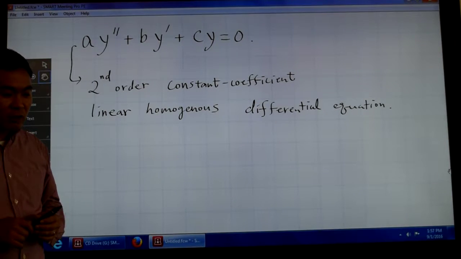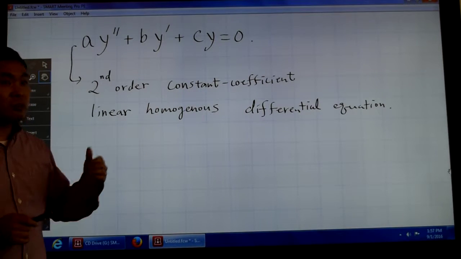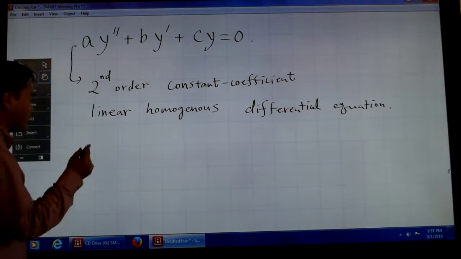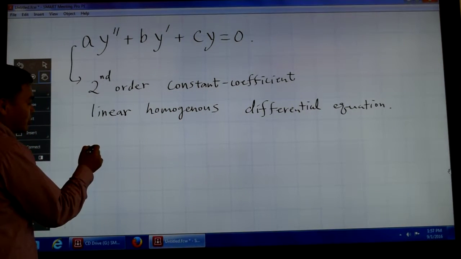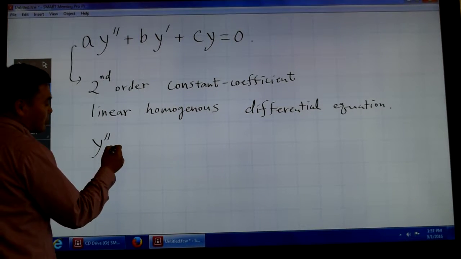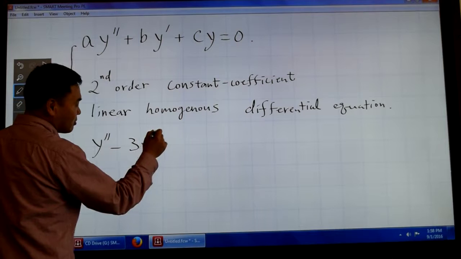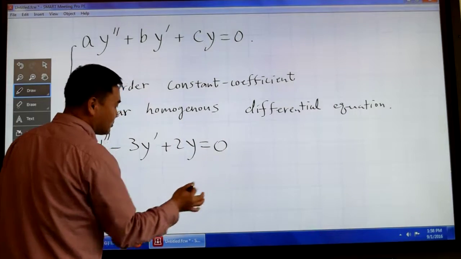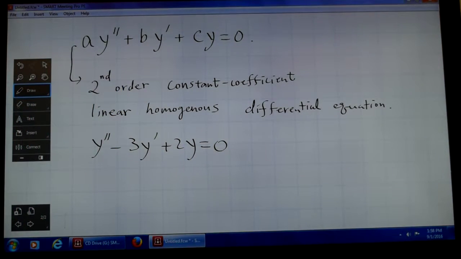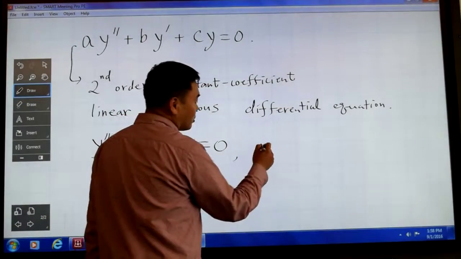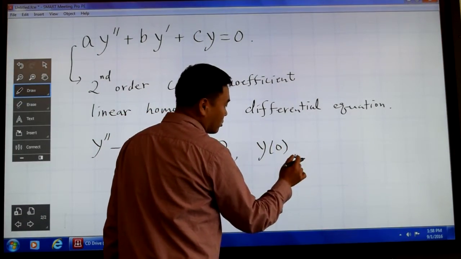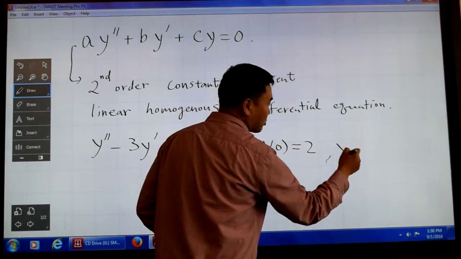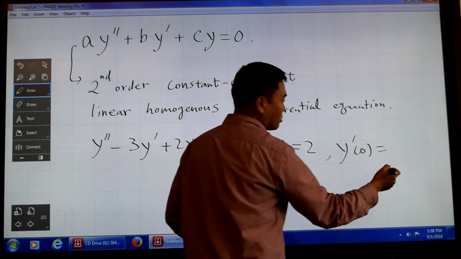The way they do it is, first they show the uniqueness and existence of solutions. So basically, this is the statement that they work with. For example, if you had y double prime minus 3y prime plus 2y equal to 0, suppose you had this differential equation with y of 0 equal to 2 and y prime of 0 equal to negative 1.